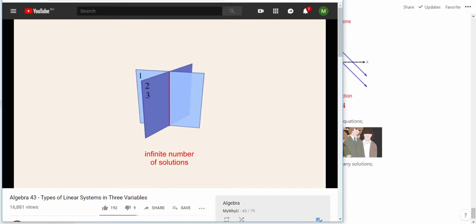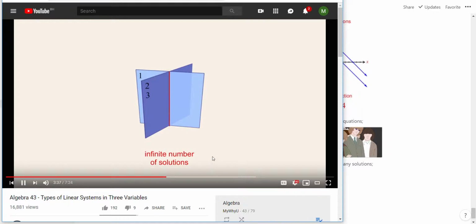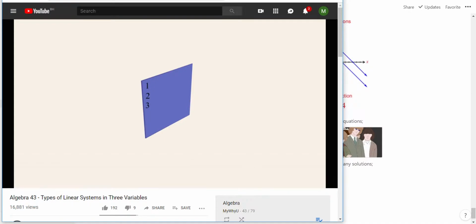An infinite number of solutions will also exist if a system consists of three identical planes. In this case, any point which lies on one plane is common to all three planes.